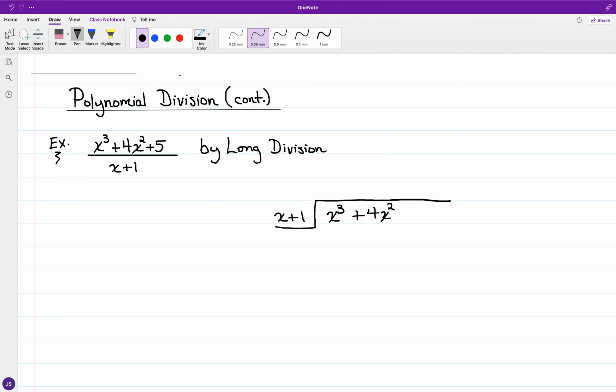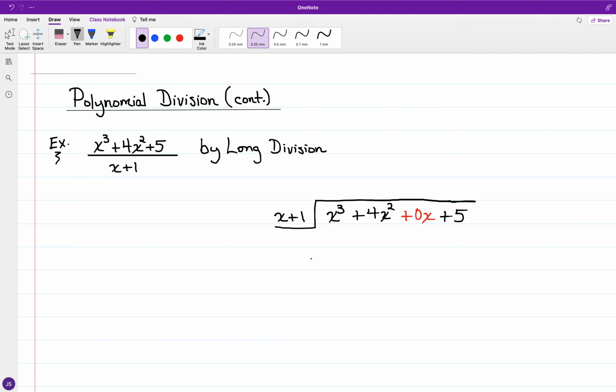Notice we do not have a first order x term present, but we want to represent the first degree in x, so we're going to use 0x for placeholder purposes, and we want the dividend to close out with a constant.